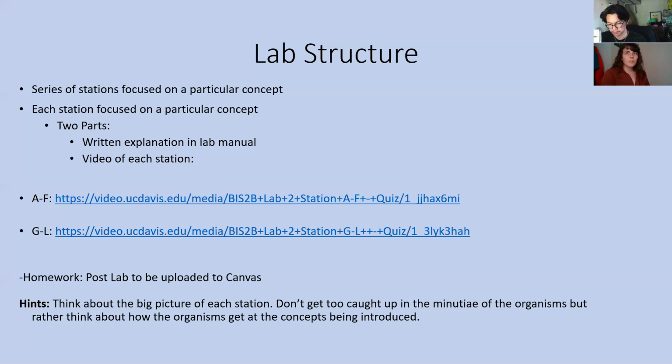So BIS2B is about a lot of big picture stuff. BIS2C is where it gets a lot more into memorization and really knowing the names of things. But here, we're trying to get everybody to understand concepts.